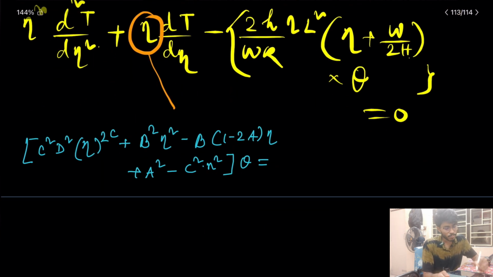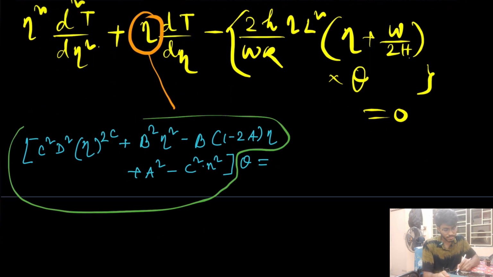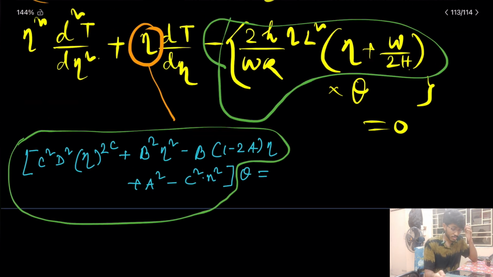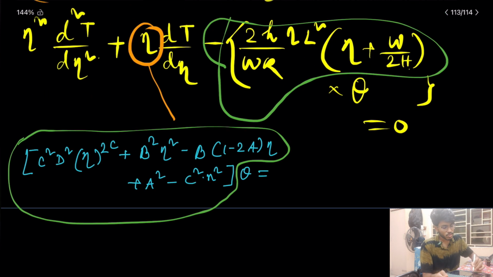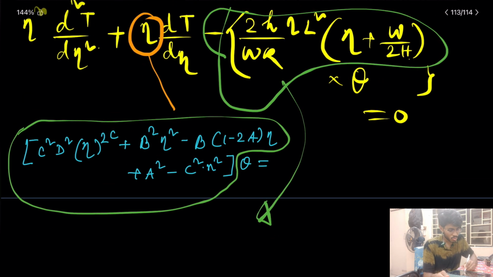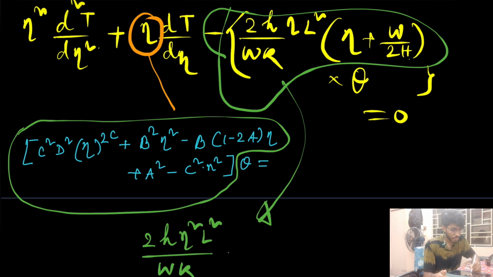So now you need to compare this whole part with this thing, including this minus, right? So let me first expand this. So this will be what? 2h eta square L square by W into K plus 2h L square by K into 2h.